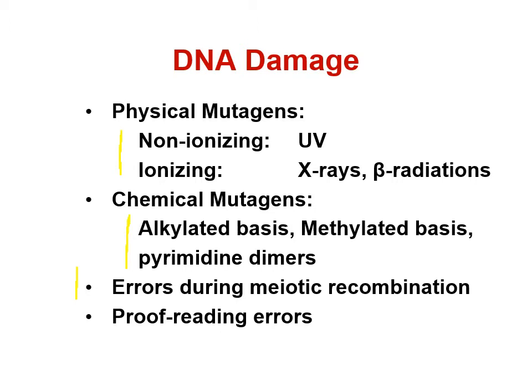Then there are proofreading activities, as I discussed in my lectures on DNA replication, that DNA polymerases have good proofreading activity in the 3' to 5' exonuclease activity. But this is in some cases, like in case of prokaryotes in E. coli, 10 to the power 5, 10 to the power 9 is the chance that after this many nucleotides, there is one mutation that can take place.